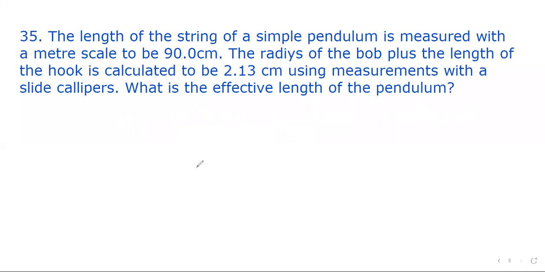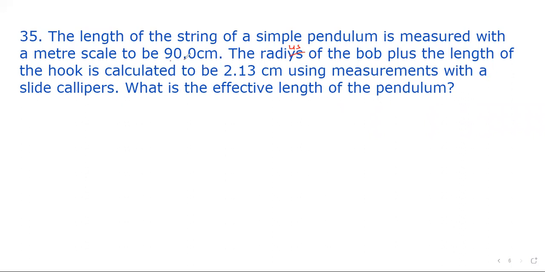Question number 35. The length of string of a simple pendulum measured with a meter scale is 90 centimeter. The radius of the bob plus the length of the hook is calculated to be 2.13 centimeter using measurements with a slide calipers. What is the effective length of the pendulum?